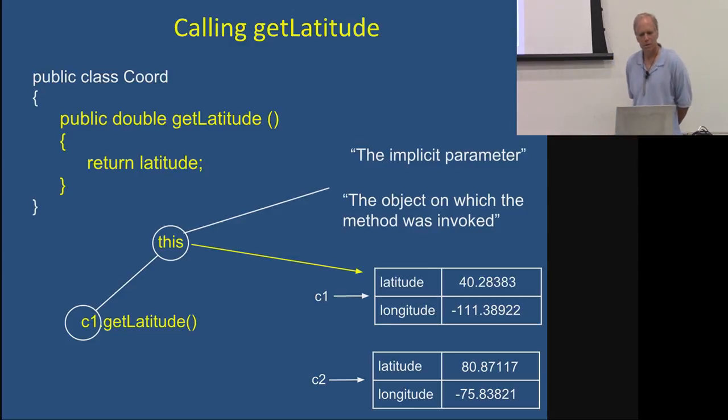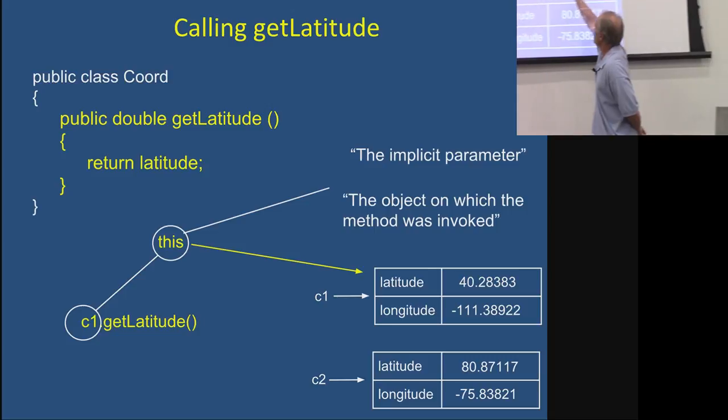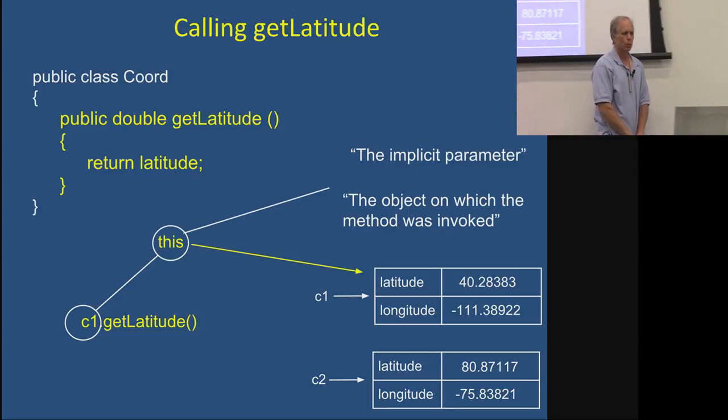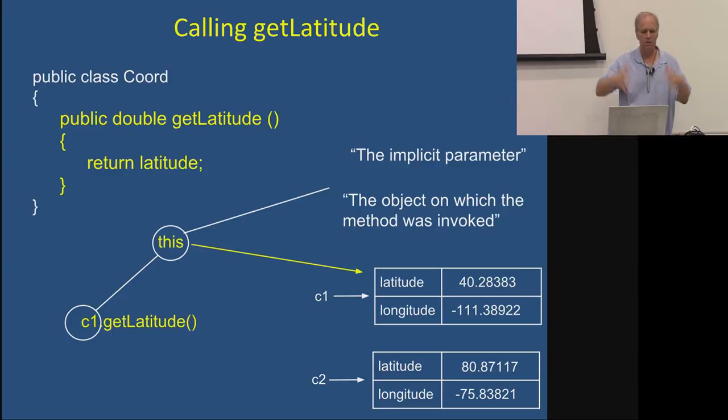And in this case, when getLatitude looks up the value of this, it will be this object right here, because this is always the object on which the method was invoked. So when you invoke a method and you get inside that method, you can think of this as a constant variable, set to the object on which the method is invoked. So this and C1 point to the same place.